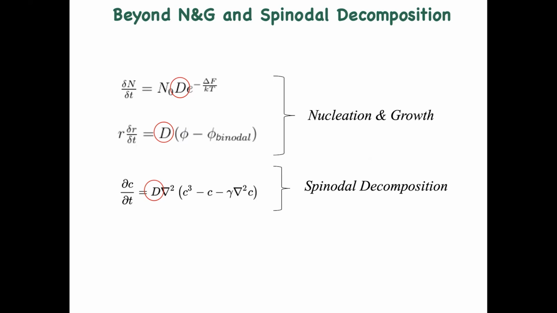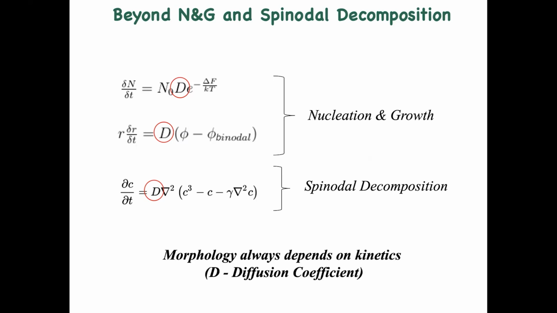The only way to observe truly thermodynamic behavior would be if you have an infinite diffusion coefficient, which we don't have. And very recently, we came up with a different way, in a heterogeneous colloidal system, which can bypass both nucleation and growth and spinodal decomposition.